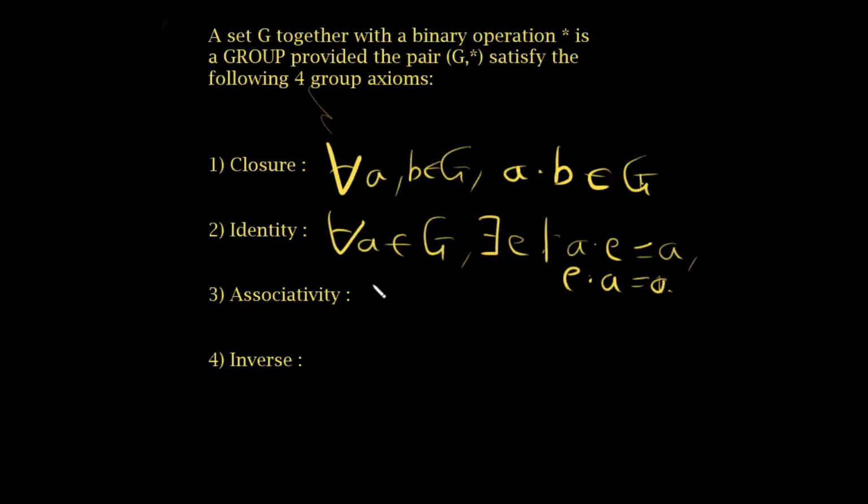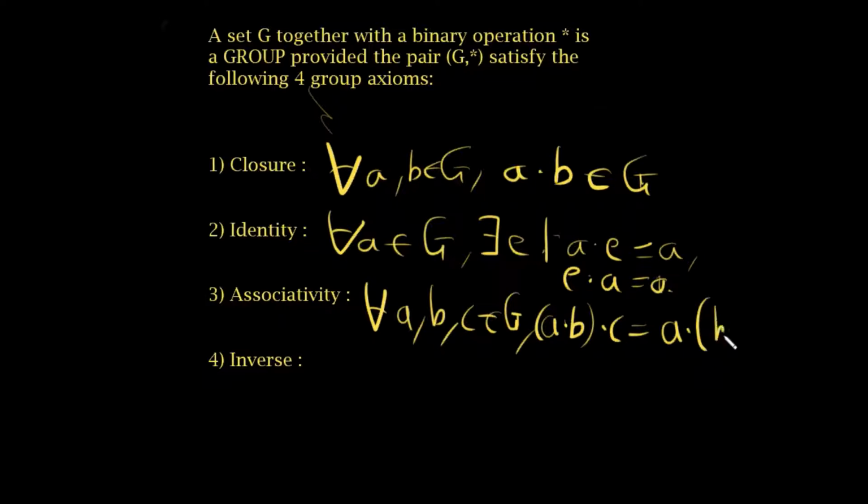Associativity, well, this is the condition that for all A, B, C, so if we pick three arbitrary elements from the set G, we want the condition to be that A composed with B and then composed with C is exactly the same as A composed with B composed with C. In other words, the order of composition does not matter to the final result.